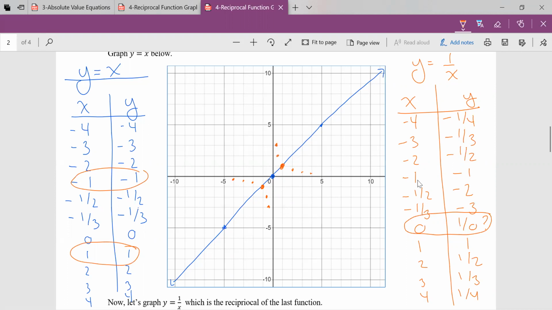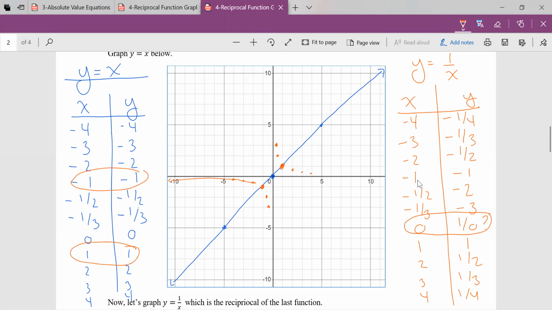So here's what's happening, friends. When we go to draw this, as our numbers get really, really small in the negative direction, this graph is going to get really, really close to 0, but it's never going to touch it. So as x goes to -infinity, the y values go to 0.